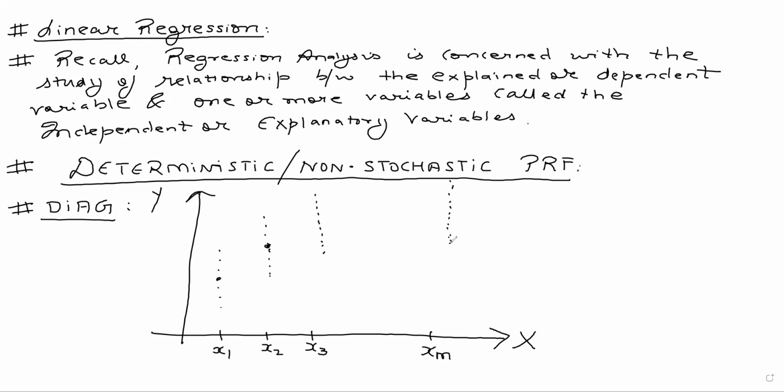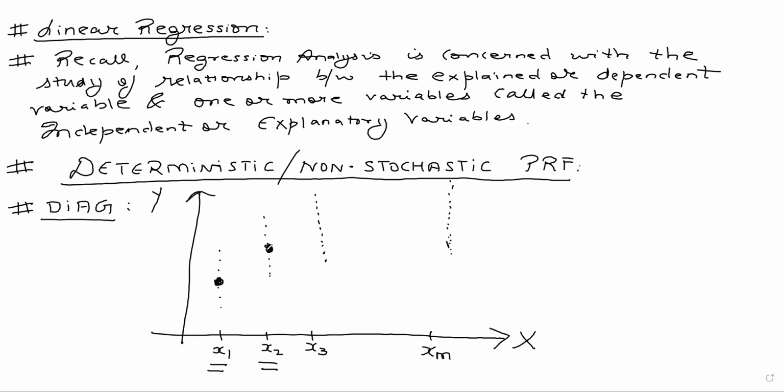Okay, and what are we interested in looking at? We are interested in looking at the average value of y or the mean value of y conditional on a fixed value of x. So suppose when the value of x is x1, the mean value of y is this. Suppose when the value of x is x2, the mean value of y is this.